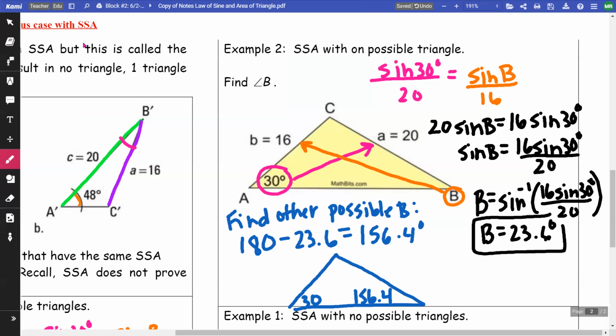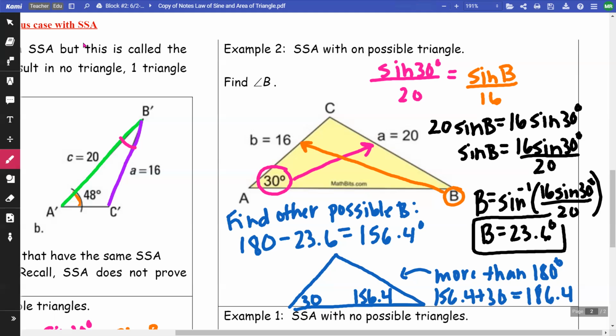Well, looking at that together, that is going to be more than 180 degrees, because my 156.4 plus my 30 is going to be equal to 186.4. That means that that particular triangle is not possible. So I have one answer. My answer is 23.6. The second possible B, 156.4, is too big with my 30.